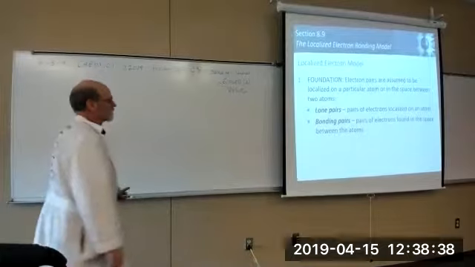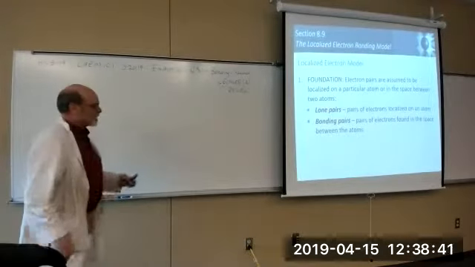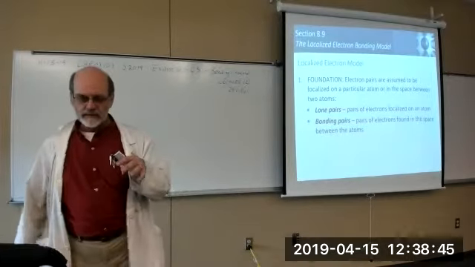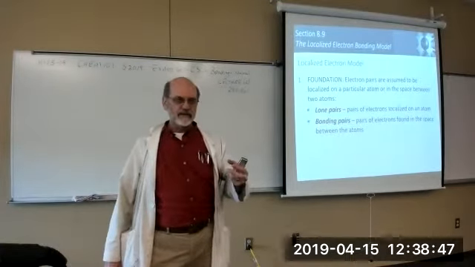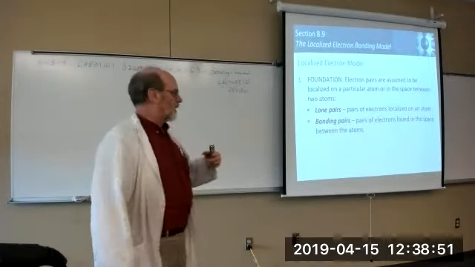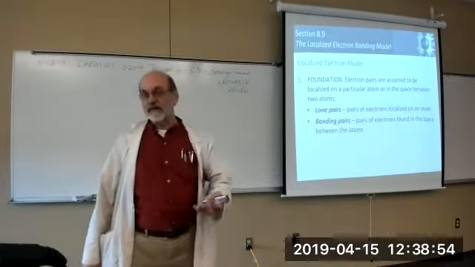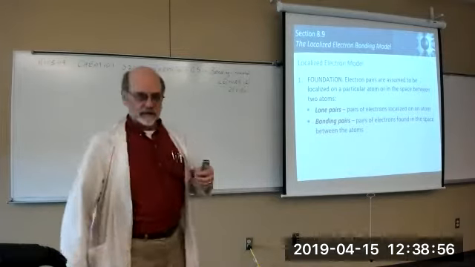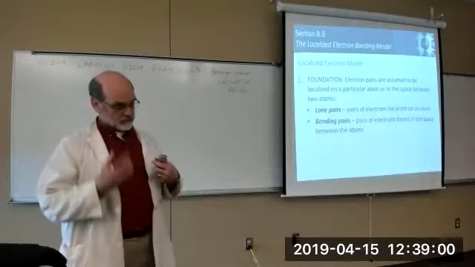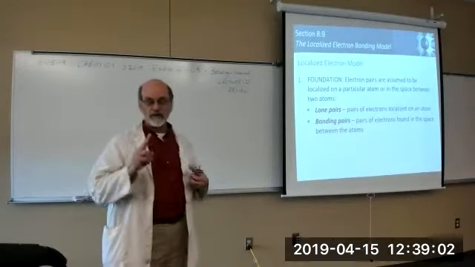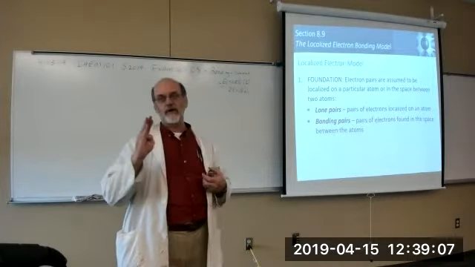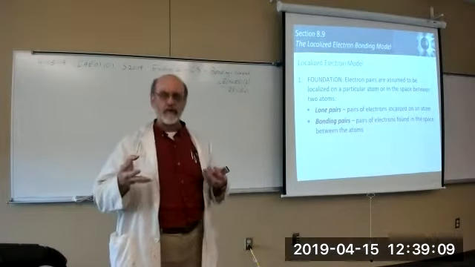The localized electron model basically says that electrons are assigned to individual atoms, or they're in a bond, one or the other. So for every single bond, you have one pair of electrons. If you have a double bond, that's 2 pair or 4 electrons. Triple bond is 3 pair or 6 electrons.